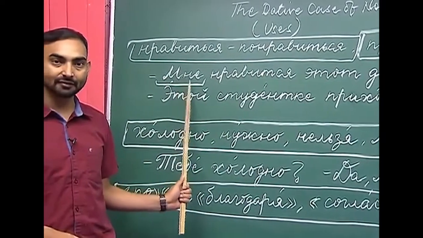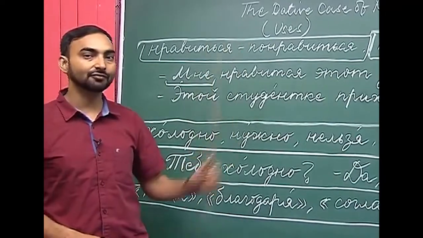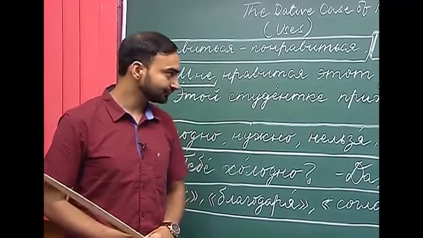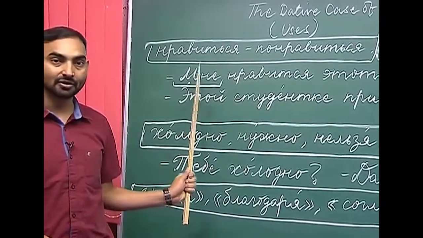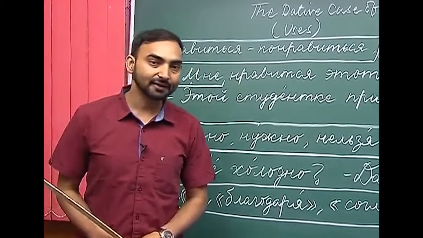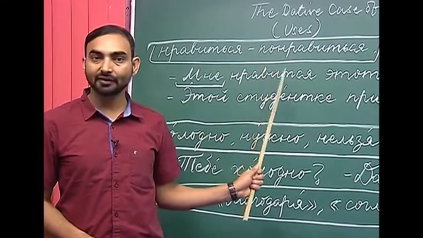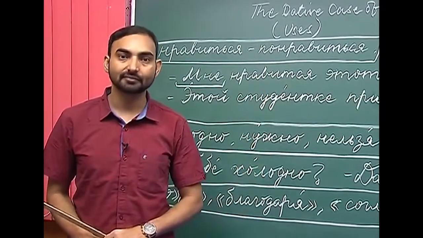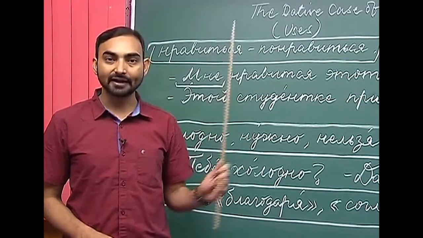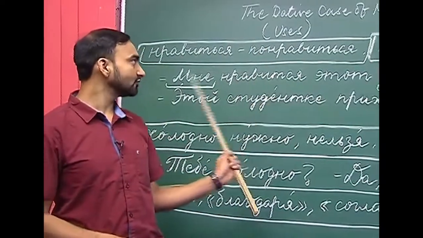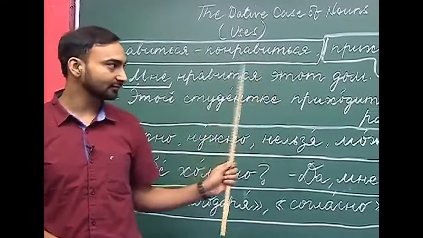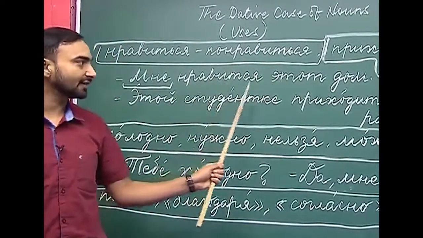So, ya has been changed into mne, which is the dative case form of the personal pronoun ya, but the subject is ya only. So, when we denote the logical subject, which means the ideal subject which is performing the action, it has to be in the form of dative case, like we have done with nravitsa.